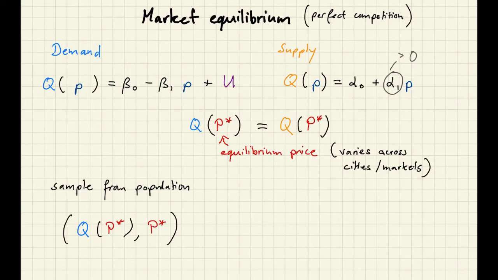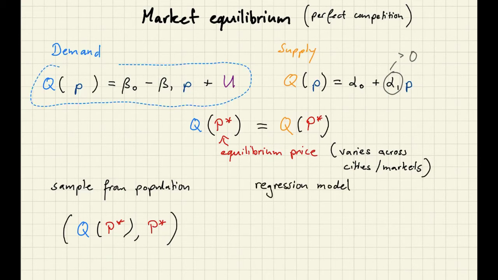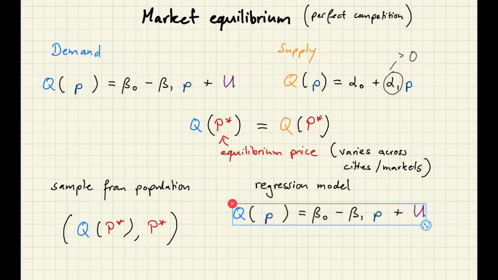For this population, the demand equation implies the following regression model. In this regression model, the equilibrium number of bookings is the outcome variable, and the equilibrium price is the regressor.